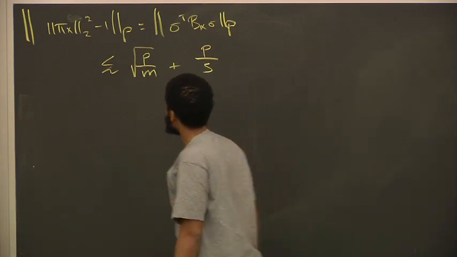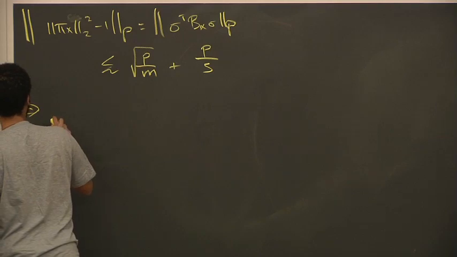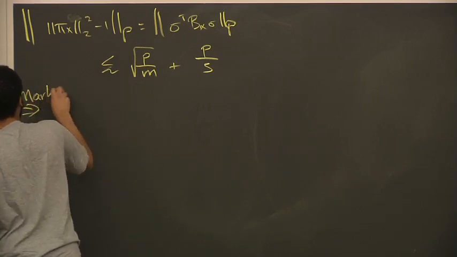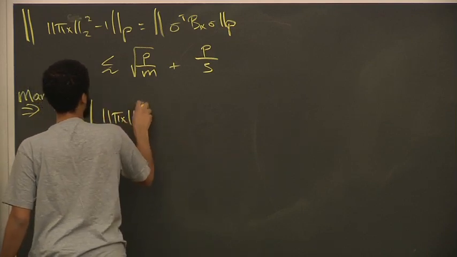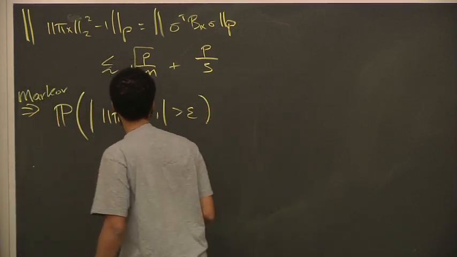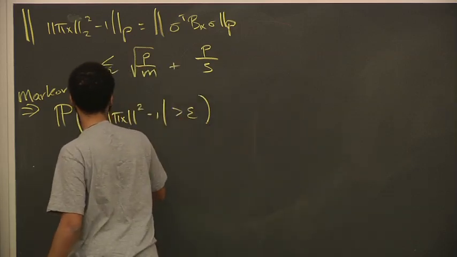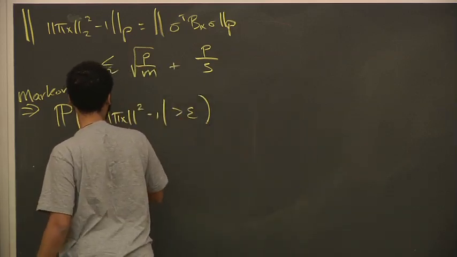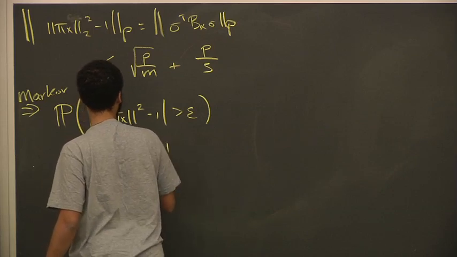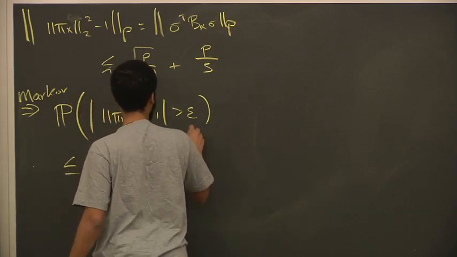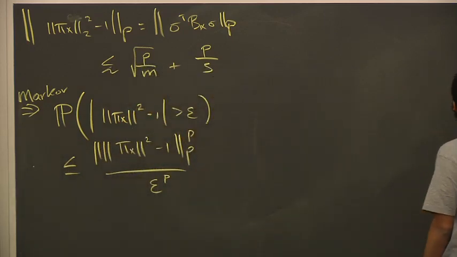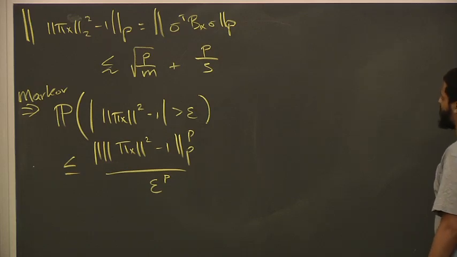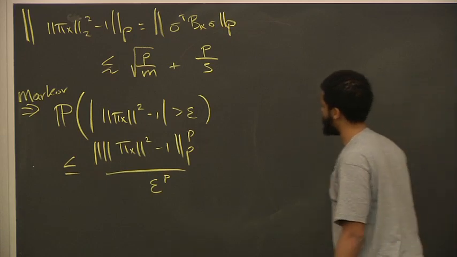So we got this. This implies, by Markov, that the probability that this thingy, the norm of Πx squared minus 1, is bigger than epsilon is at most the p norm of this thingy to the p over epsilon to the p. This is Markov. And now you're just done, right?